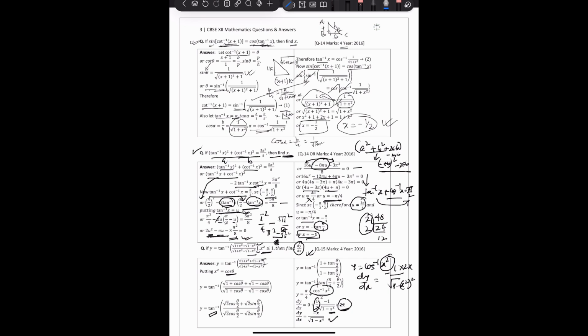So we converted the entire thing in terms of tan A plus B. Then cancelling tan, this big equation is transformed into a very simple format: y equals pi by 4 plus cos inverse x square by 2. Now differentiation is easy. From this step we have differentiated it. Correct.